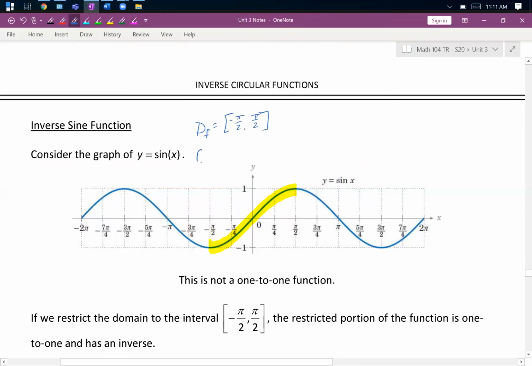The range is -1 to 1. So then when we're going for the inverse, the domain of f inverse is going to be -1 to 1, and the range of our inverse function is going to be -π/2 to π/2. So we're just flip-flopping domain and range like we always do with inverse functions.